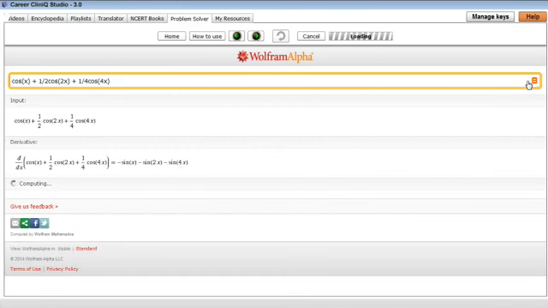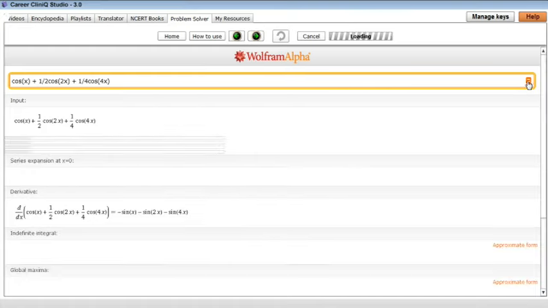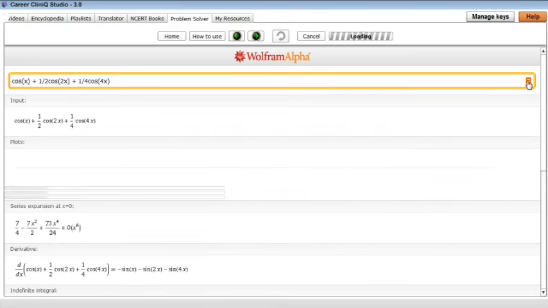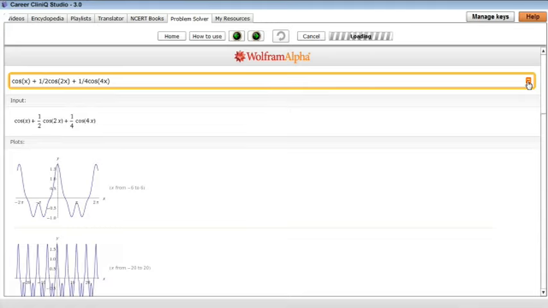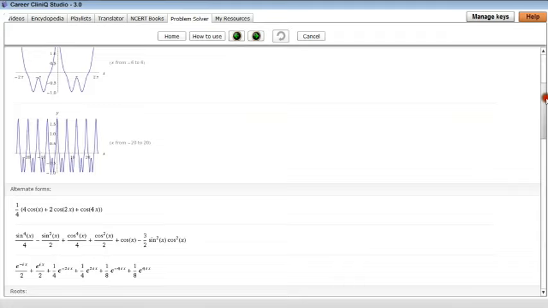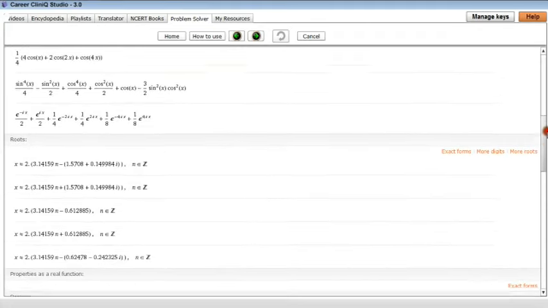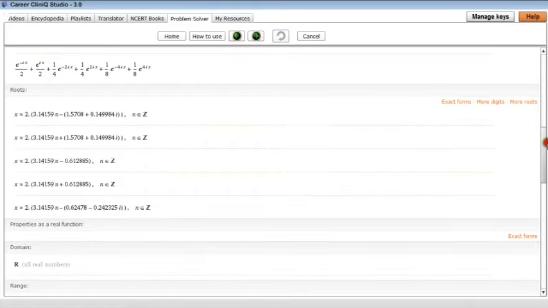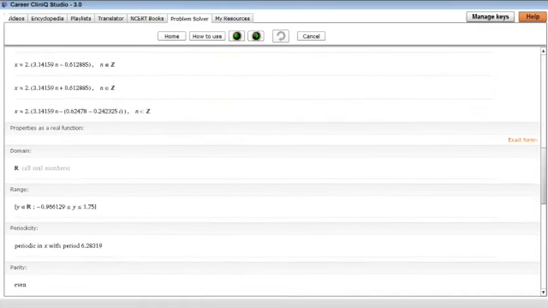Now, the computer starts working on it, and it will not only give me the answer, it will give me the step-by-step solution of this particular problem. As you can see here, it has already finished doing the problem, and it gives me the step-by-step solution of this trigonometric equation that we have put in.